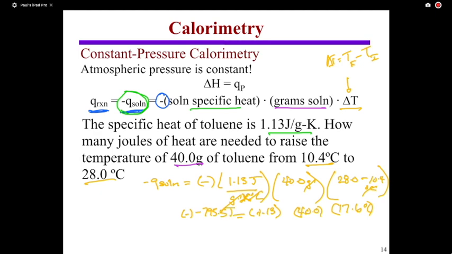And so, for the solution, you would actually need to add 795 joules to it for the temperature to go from 10.4 to 28 degrees. For it to raise, you have to add 795 joules for that to occur.